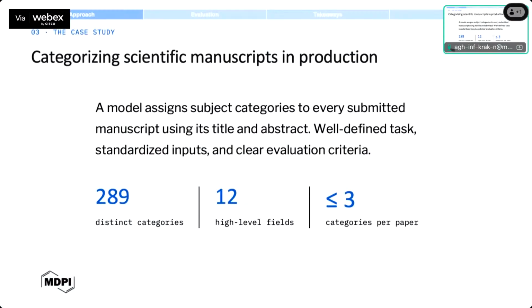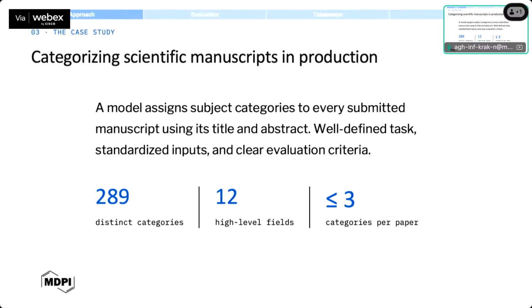To shed some light on this question, there is a very simple and standard case study. It's a categorization problem, and categorizing inputs is very standard in any industry. What we are doing here is categorizing scientific manuscripts.